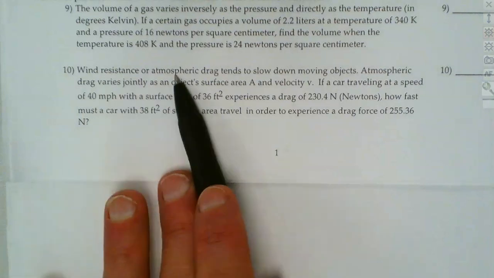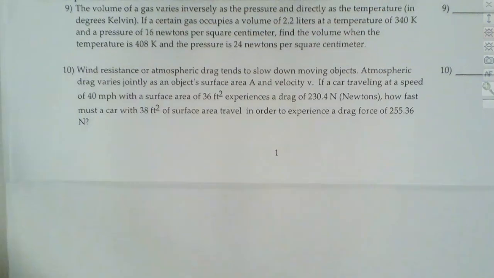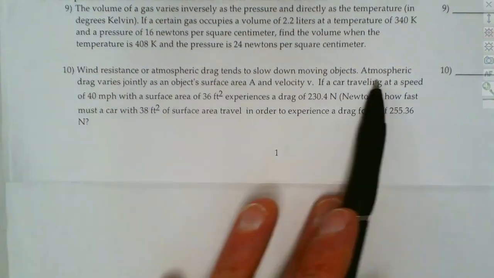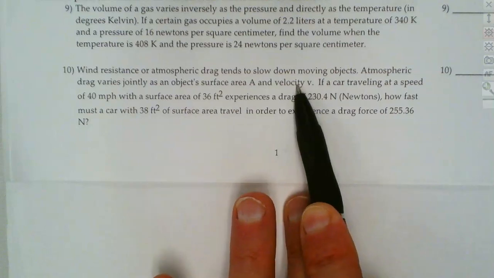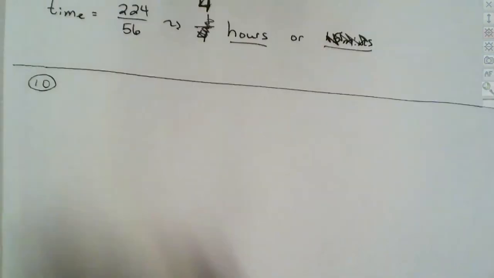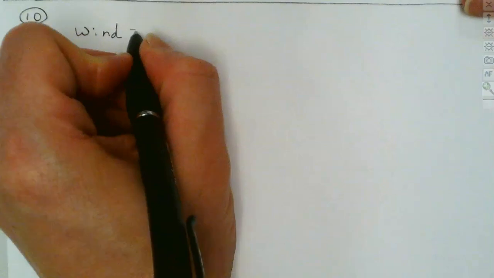So wind resistance or atmospheric drag is going to slow down an object, which we know, and it varies jointly as the surface area and the velocity. So we're looking at joint variation, and it doesn't tell us how, so we assume they multiply. Unless it says inversely, we assume they're joint together. We'll just call this the wind resistance, wind.